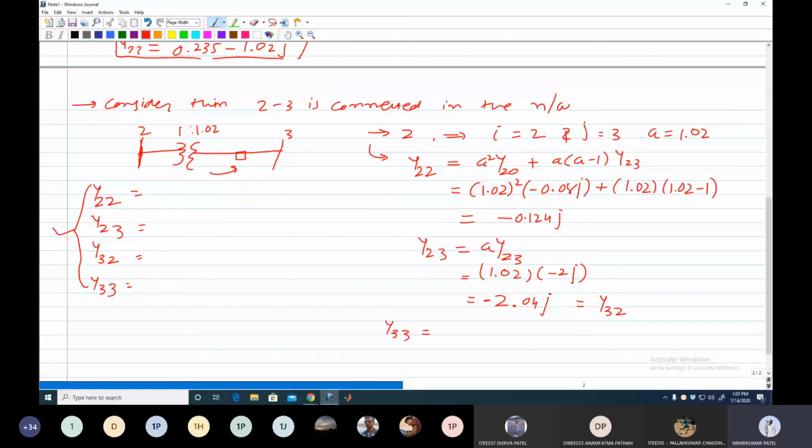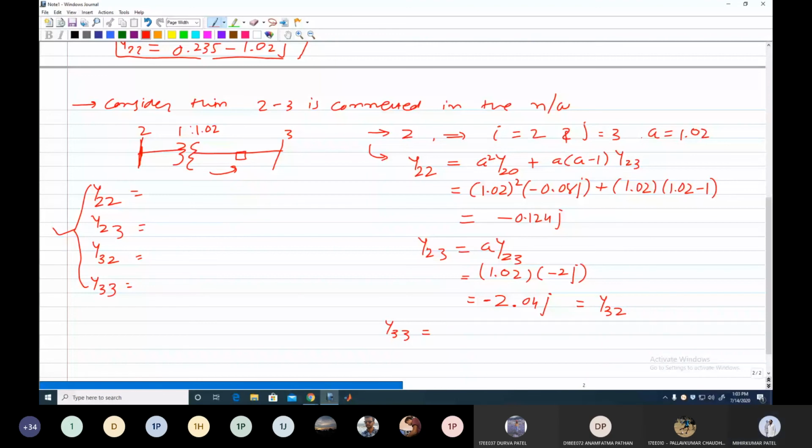The second equation, including the transformer effect, considering the transformer between two buses. So what is the equation for y33?